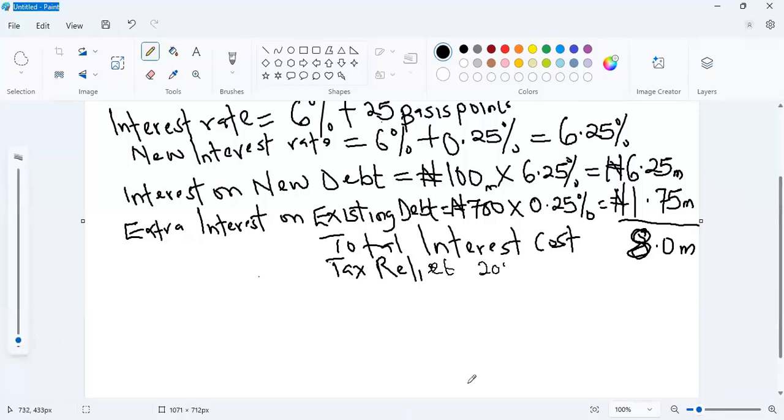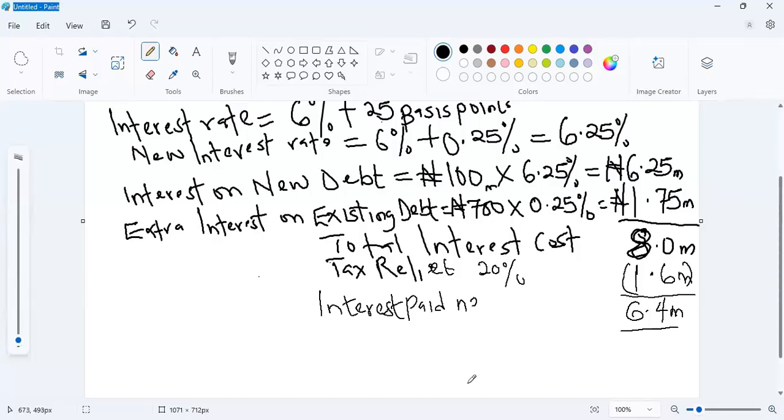20%. Please compute 20% of 8 million. I think that should give us 1.6. Now less this. That's the tax relief. They are going to get 6.4 million. This is called interest paid net of tax.